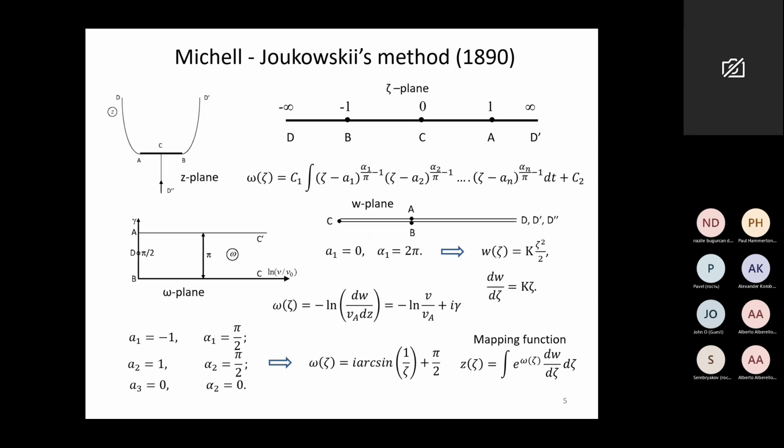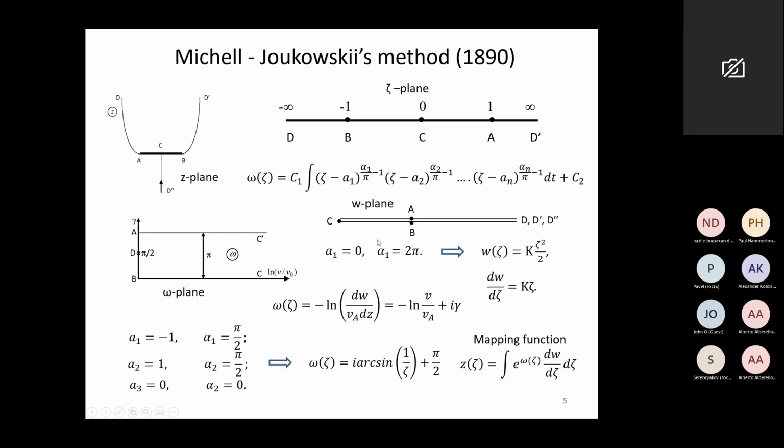Using the conformal mapping theorem, we can choose arbitrary positions of 3 points. We choose B, C, and A, and point D at infinity. Then we draw the region of the W plane.